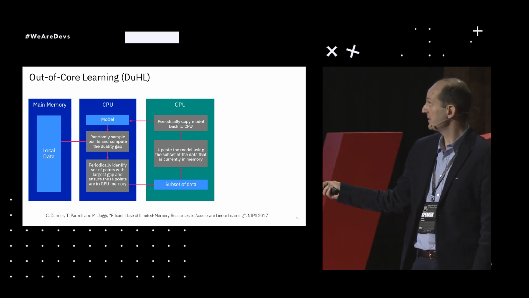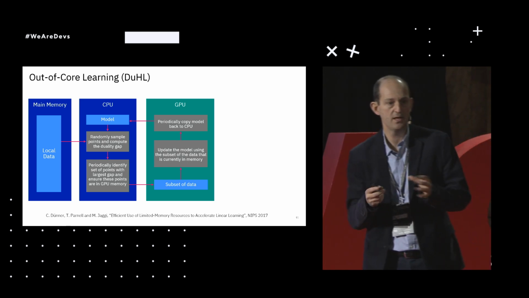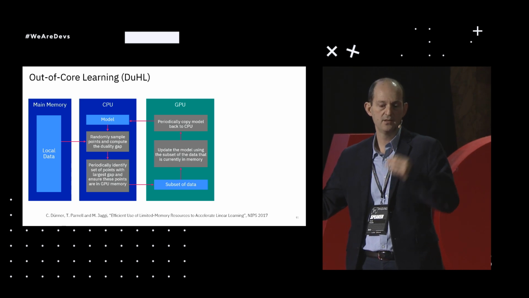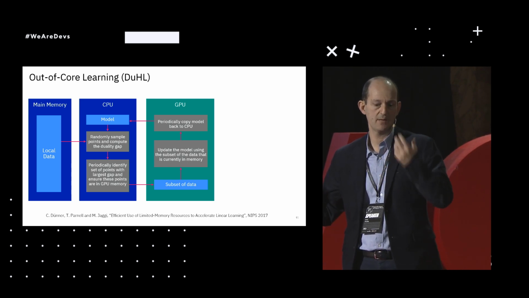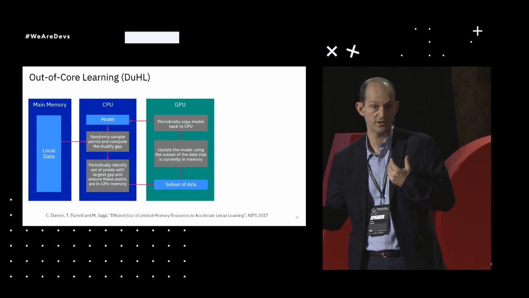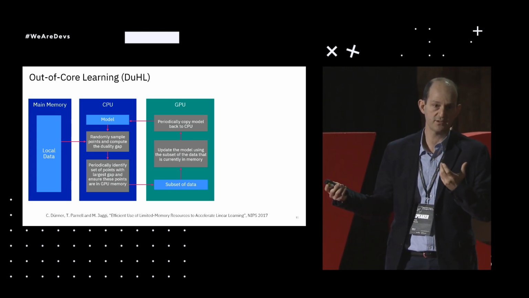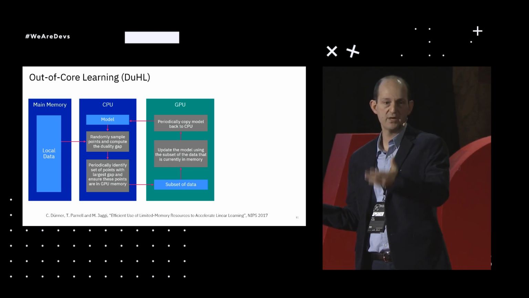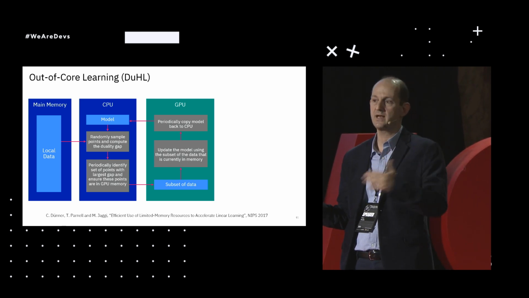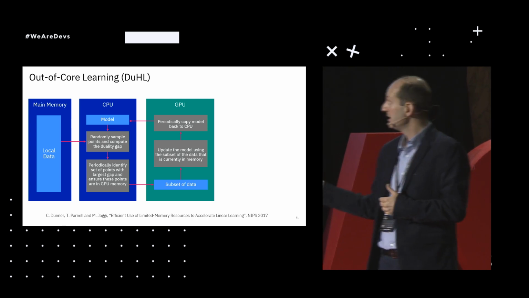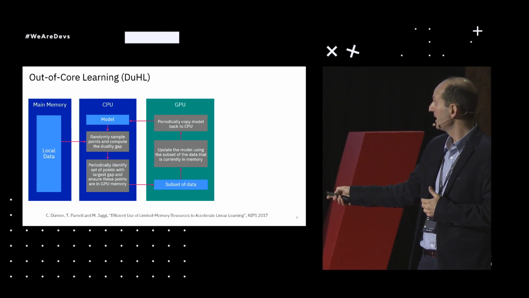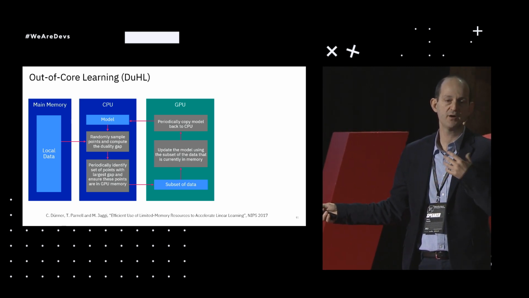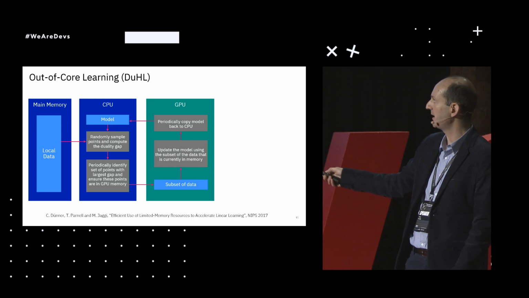What happens is that during the time that the GPU is running and training, your CPU is examining some form of gradients of the data in the main memory, and deciding which batch to bring to the GPU next. So it doesn't just bring any random batch of data to the GPU. It brings the batch of data that will maximize a certain performance indicator, which we call the duality gap.